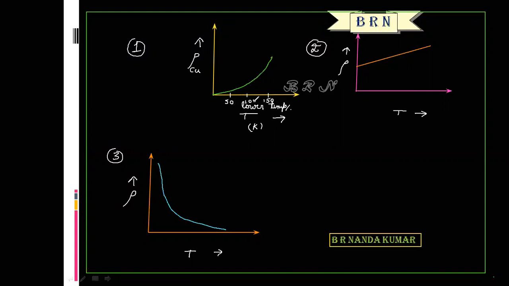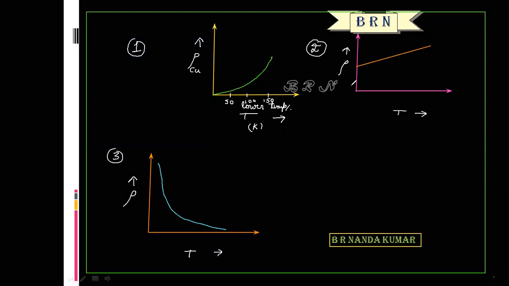That is only at lower temperatures. This is the graphical representation of variation of resistivity of copper at lower temperature.